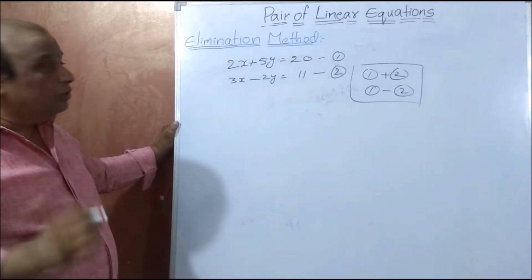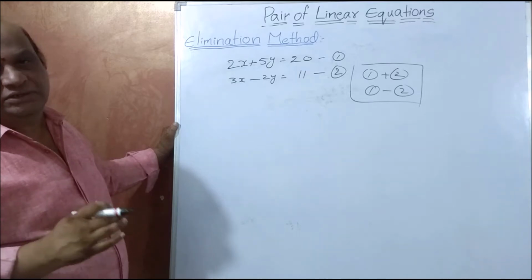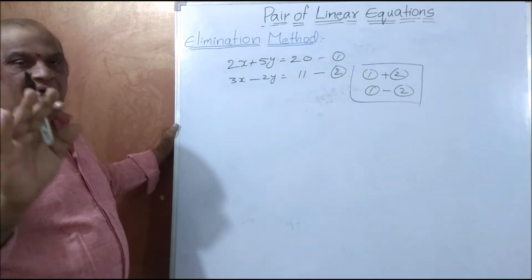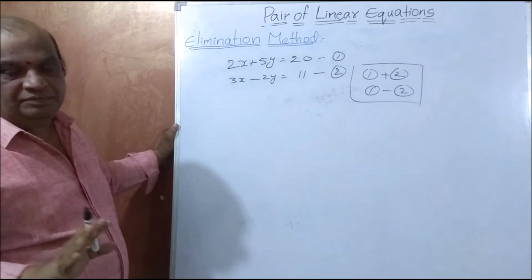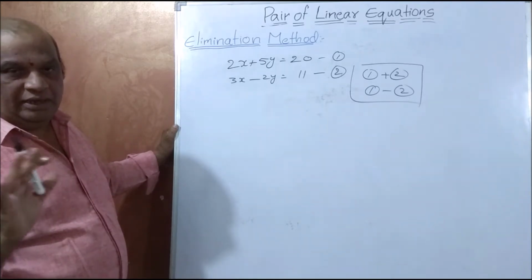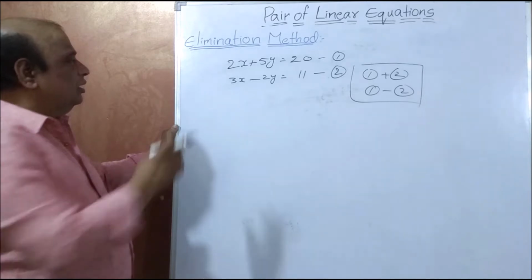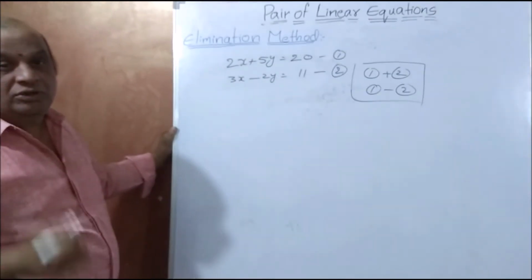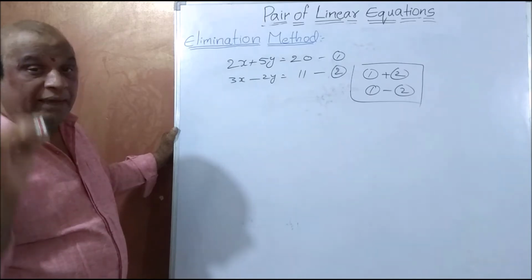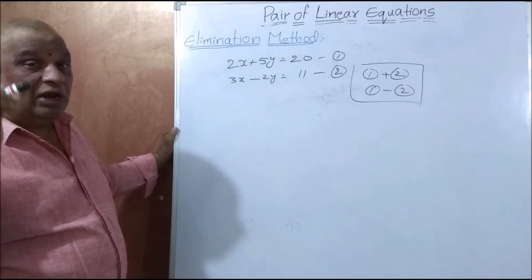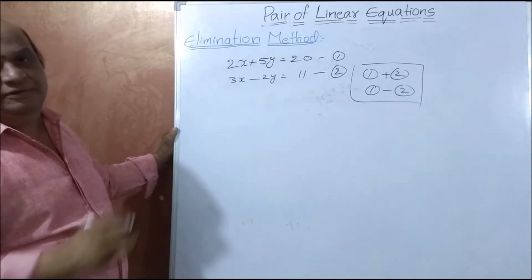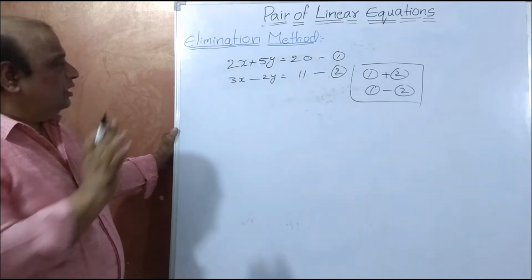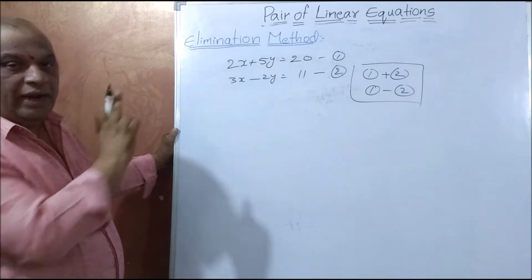So we have to equate the coefficients. Suppose I want to cancel the variable x. I am assuming that I want to delete or cancel the x variable. So I have to make equal coefficients of x. The coefficients are actually 2 and 3.